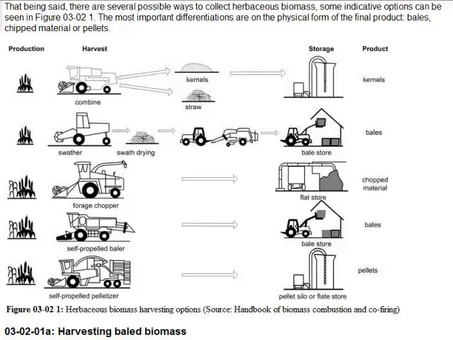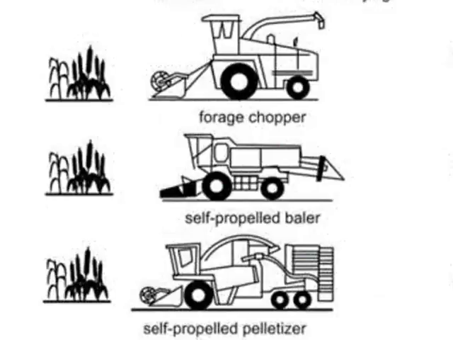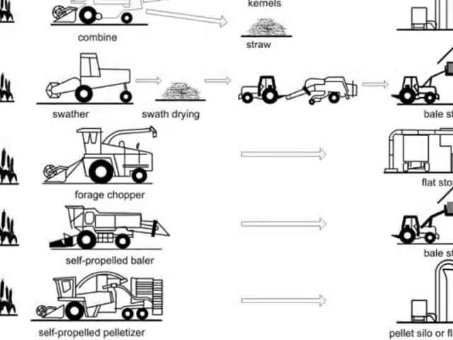But in all cases, as indicated from this picture, there are machines available that can do the harvesting and the chopping, or the harvesting and the baling, or the harvesting and the pelletizing, basically in one operation.